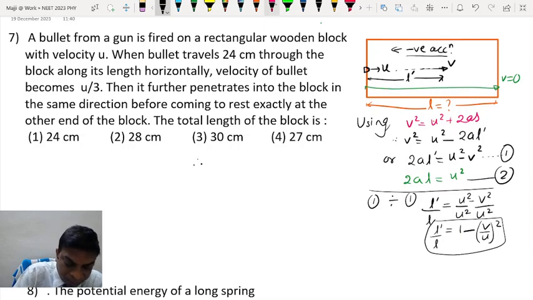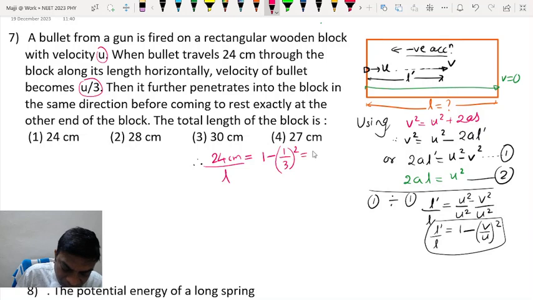Now applying this formula, we have L dash as 24 cm upon L, which we have to find, equal to 1 minus v by u whole square. Here v is u by 3 and u is u itself, so u by 3 by u is 1 by 3.